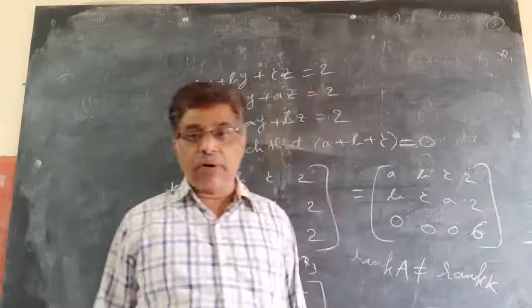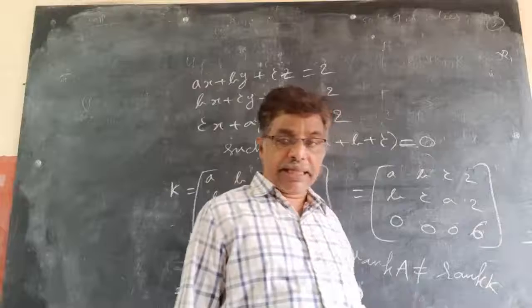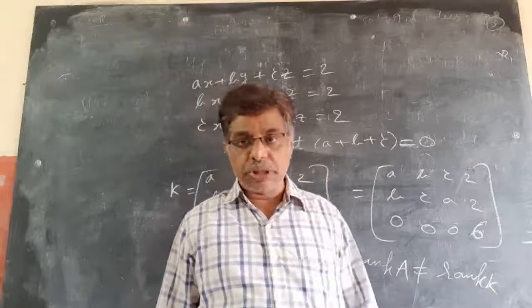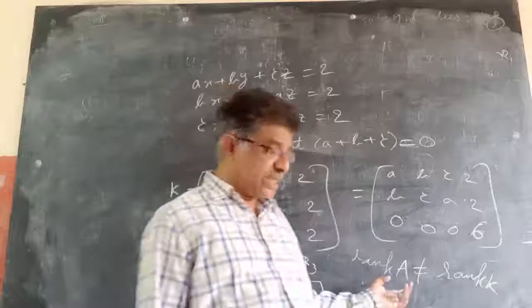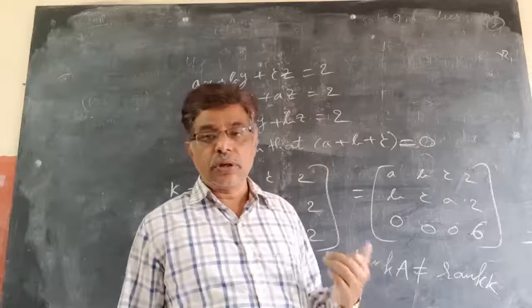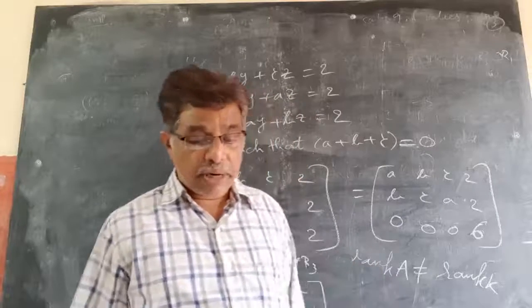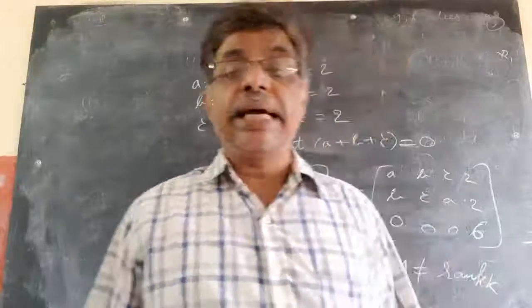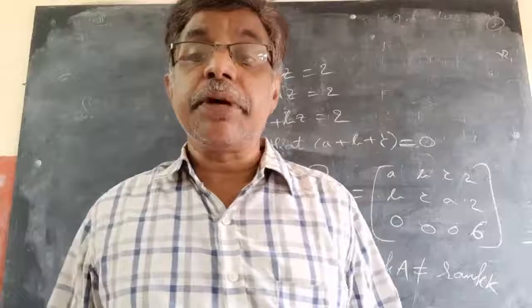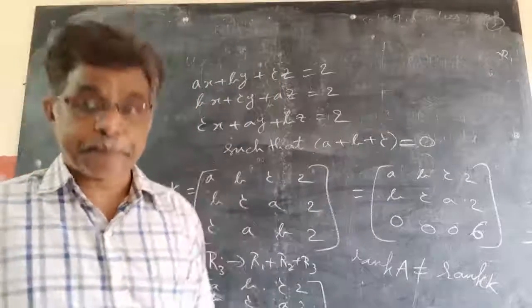Both are not equal. If these two are not equal, then the system is inconsistent, having no solution. Simple. Your option is inconsistent, no solution, the second option. Like that, you can solve these types of sums very easily.